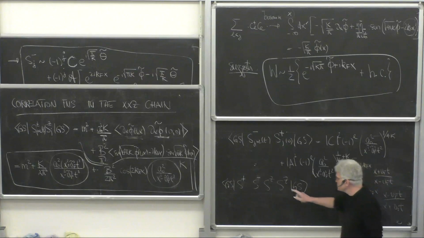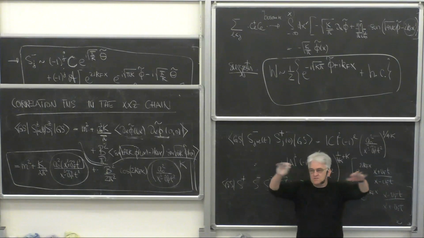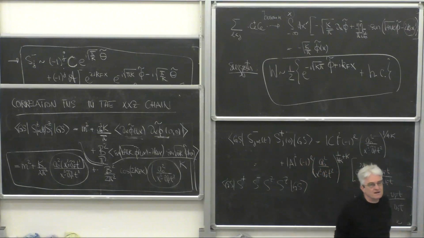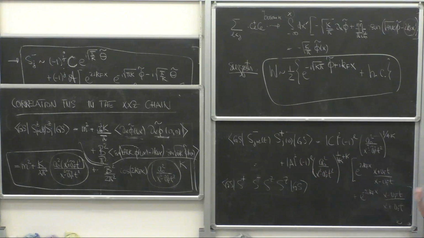So you can bosonize all of these. This gives you something involving a bunch of vertex operators and a bunch of dx phi's. But that's in the free boson theory. That's a free theory. There is a Wick's theorem, bingo. So you can just compute it there. So basically, this bosonization framework now allows you to compute any correlation functions that you want.